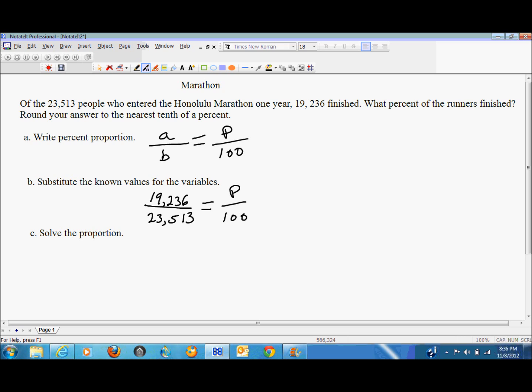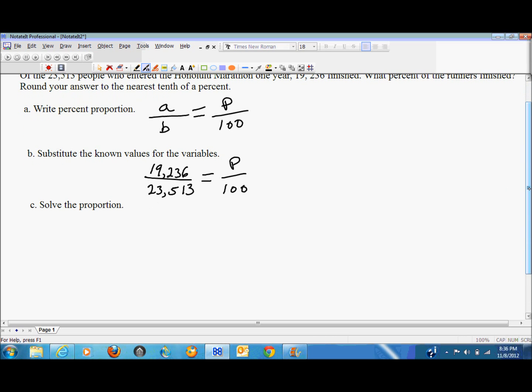And if we remember, we solve it as a 5-step process. Step 1, we want to write the proportion. So that's 19,236 over 23,513. Okay, and that's going to equal P over 100.